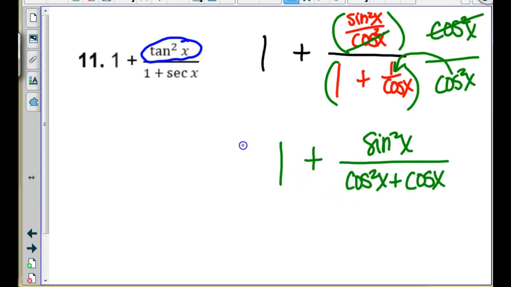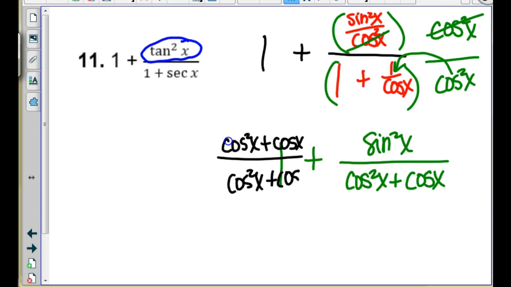So we could change this, I guess, to cosine squared plus cosine over cosine squared plus cosine, because that's just 1, right? And now they have a common denominator? What happened? This is a weird way to do this problem, but it's working.